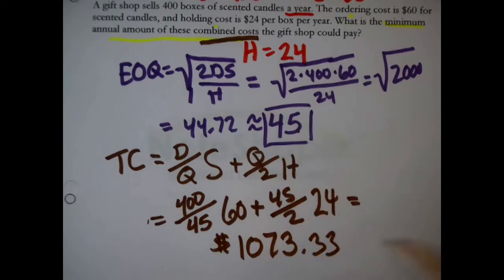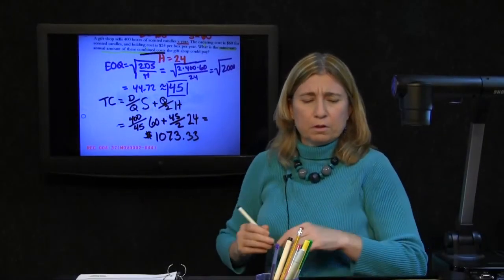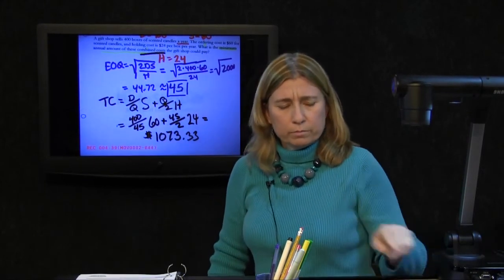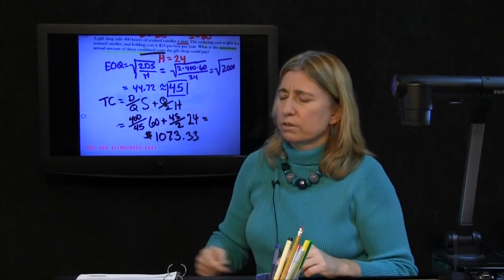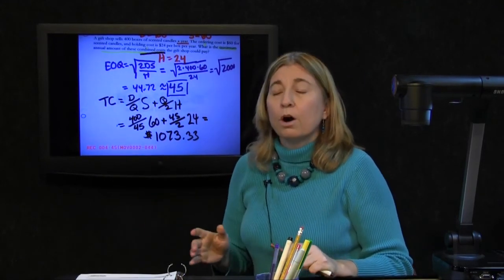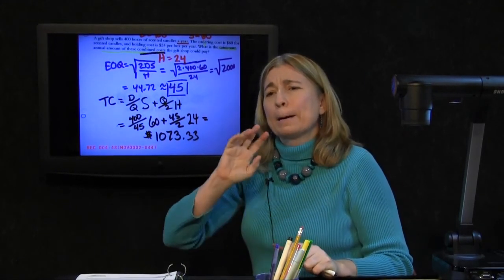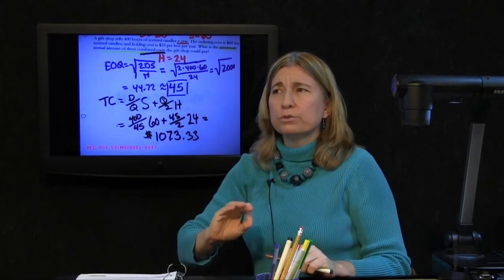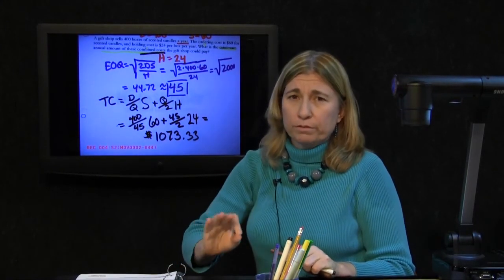When I put that in my calculator, I get $1,073 and like 33 cents. That is the combined cost of using an order size of 45 boxes.